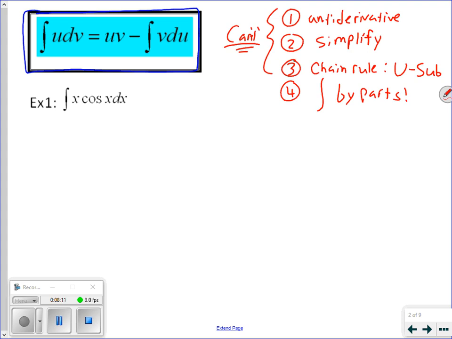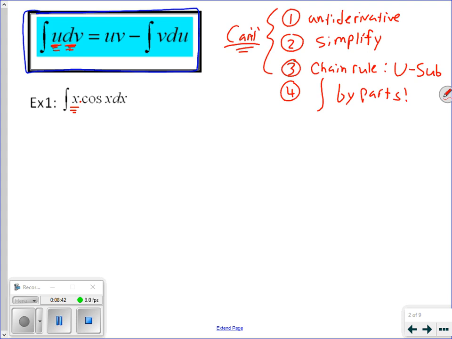Now the idea is to recognize what your u equation is and what your dv equation is. Okay, the dv is what our dx is going to be associated with. So for instance, in this case here, we have to figure out what our u is and what our dv is. If it's set up like this, u dv, let's just try this. This is x times cosine of x dx.